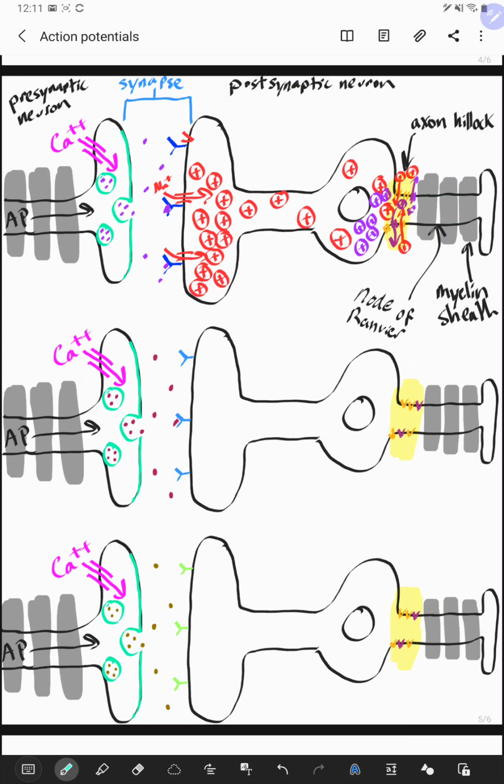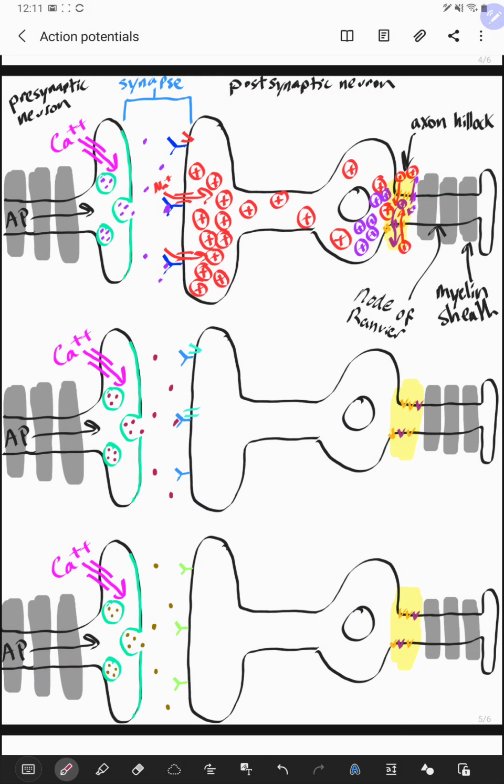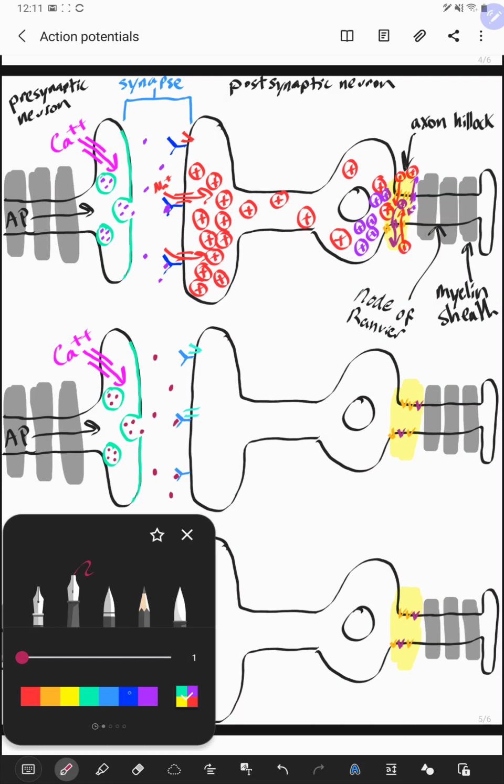Let's leave this one closed, and then let's open this one. And then let's say that there's a neurotransmitter bound to this one as well, and let's go ahead and open that one as well.